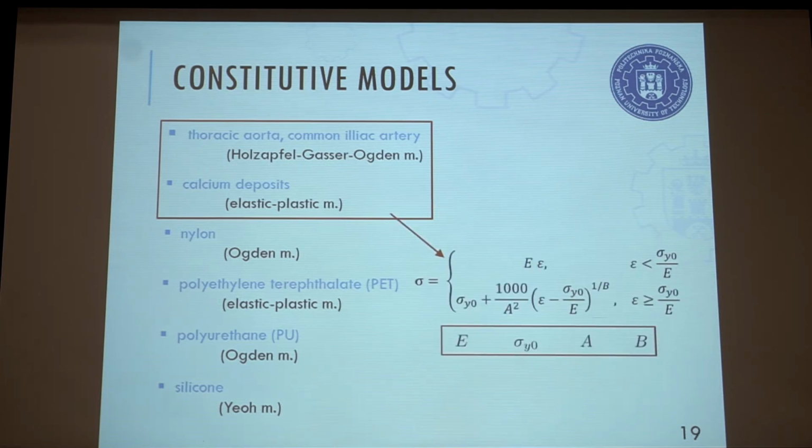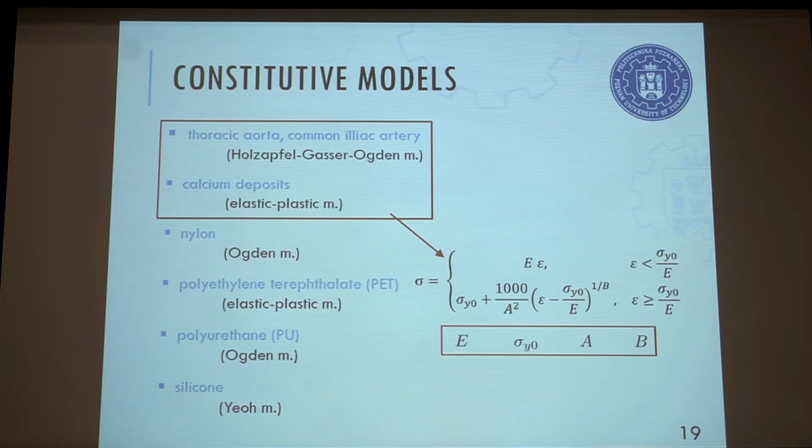And the second model, quite important from the point of view of my study, is the material of calcium deposit. This one was proposed by me, however, according to the classical plasticity literature, and those 4 parameters shown here were the parameters which were determined in my study for this constitutive model.